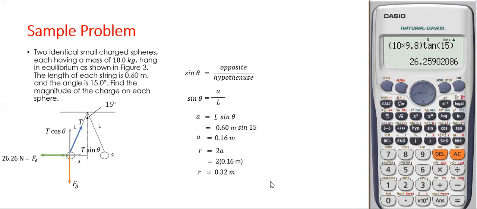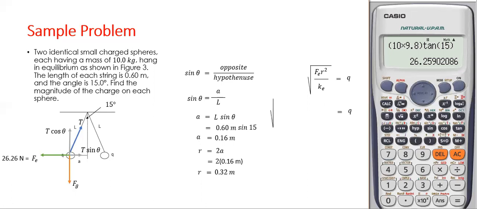Now that we have the value of electric force and R, we can now calculate the value of charge. By using the equation, Q is equal to square root of electric force times distance R squared divided by Coulomb constant.